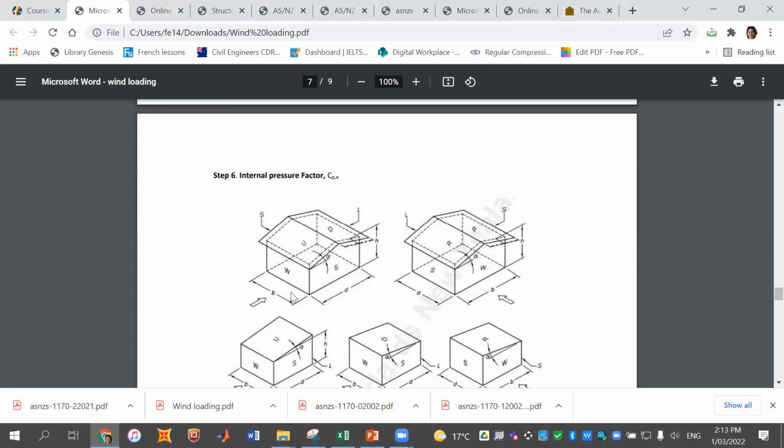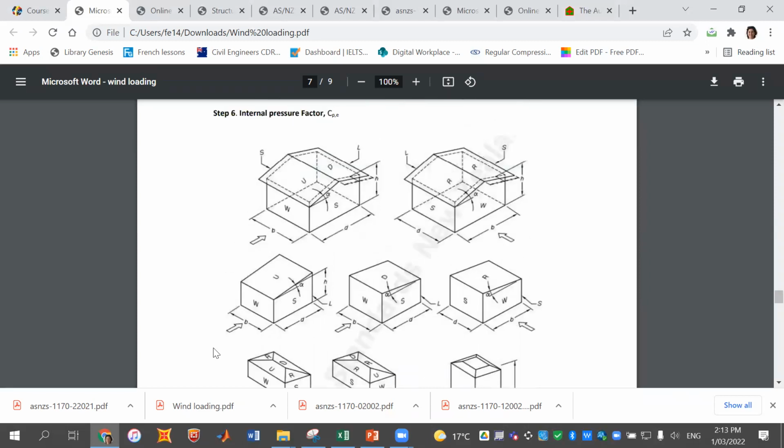However, if the wind is blowing in this direction, the wall that is exposed to the wind is the windward wall, and the opposite direction is the lee wall. And these two are side walls, and the roof is upwind and downwind, okay?